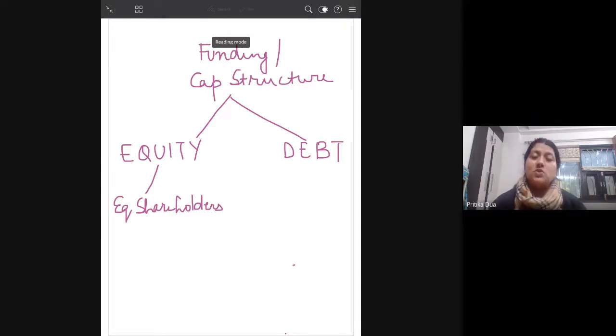All such major decisions are taken in the annual general meeting, and there the voting rights lie with the equity shareholders.